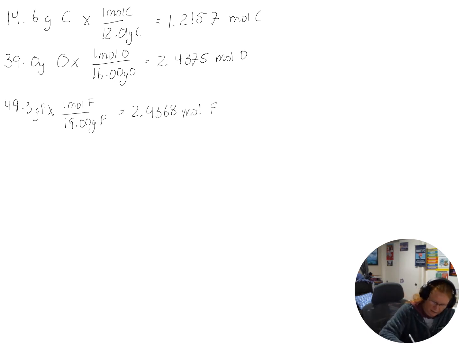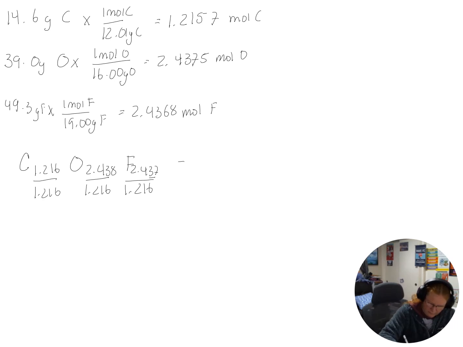Okay, so we're going to get carbon, oxygen, and fluorine. Okay, divide by the lowest. We're going to get CO2F2. Okay, so there is our empirical formula.